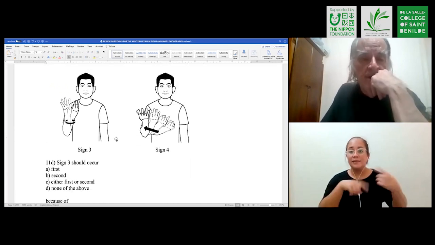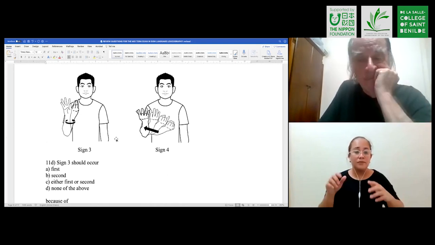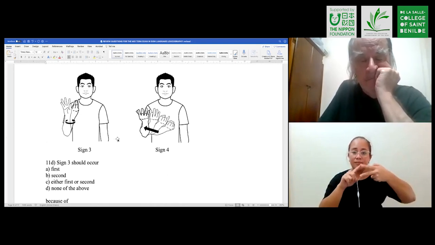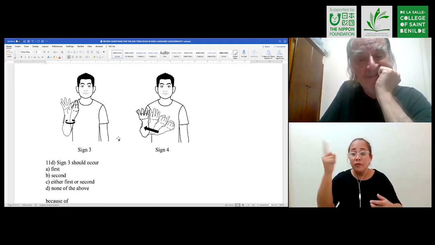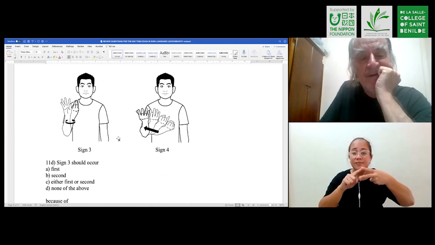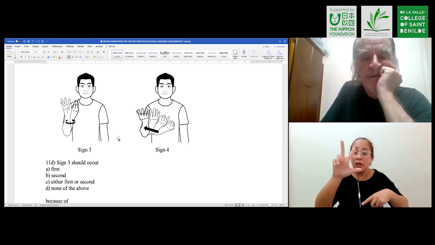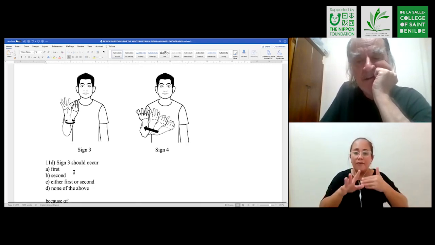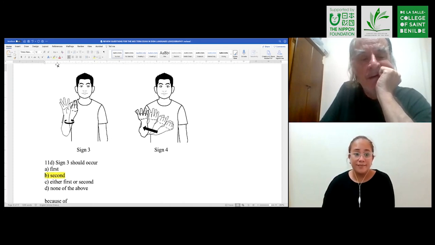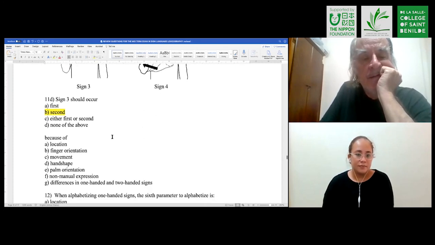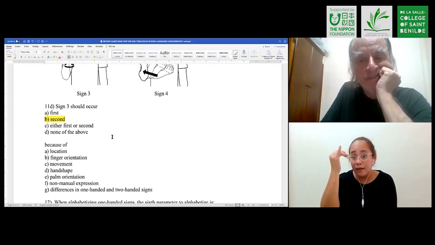Sign 3 should occur first or second? I see A and B. So which should occur first? Mostly B now. B. Yes. Sign 3 should occur second or after sign 4. Okay. Because of hand shape again.